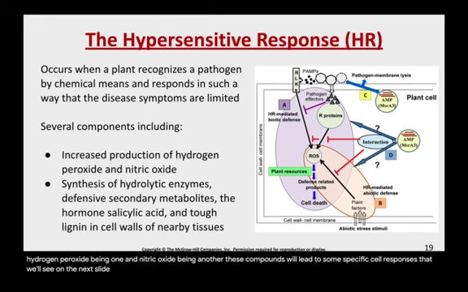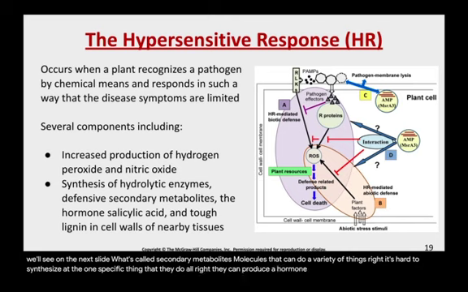But they can also lead to the production of what are called secondary metabolites. These secondary metabolites are molecules that can do a variety of things. It's hard to synthesize into one specific thing that they do. They can produce a hormone that can be toxic.